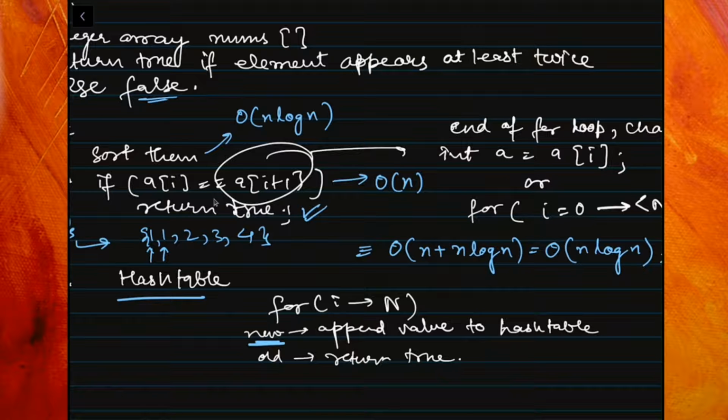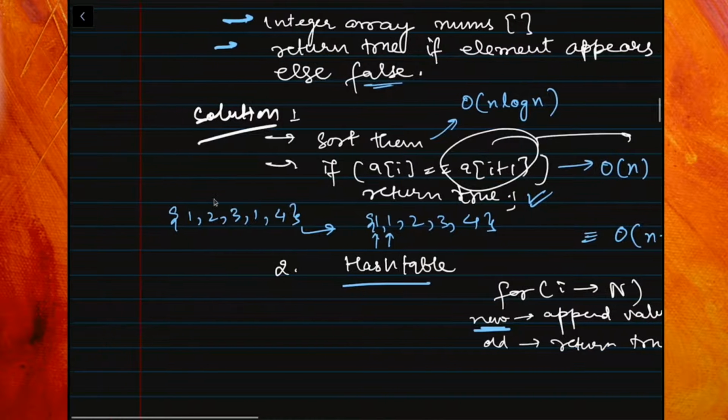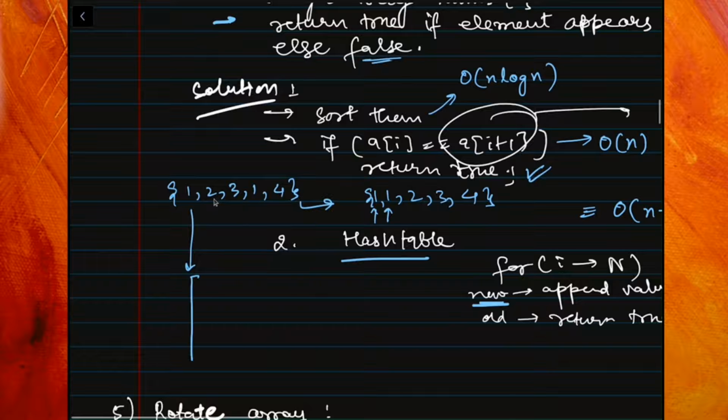And if we encounter a number we have seen before, that means that element is already in the hash map. It would be fetched in O of 1 using the hash map, and we could return true. For this very same example, we would have a table.